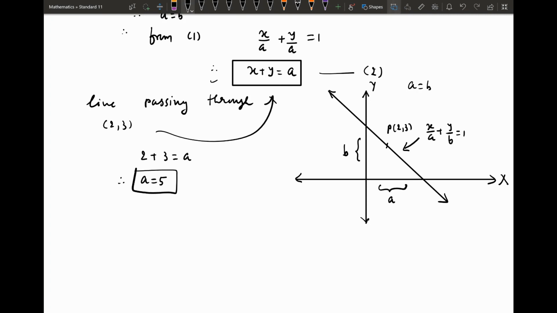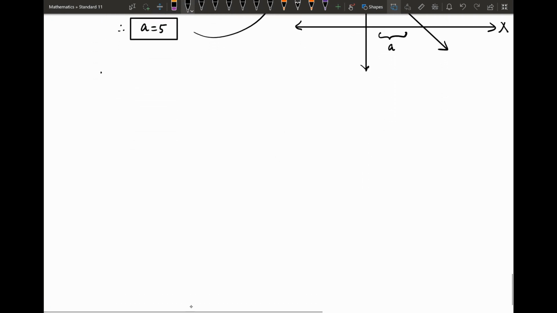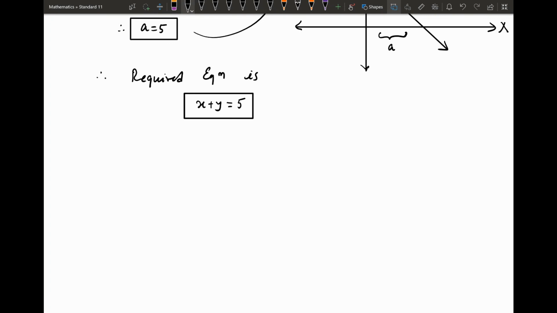So a equal to 5, and therefore substituting this value here, the required equation is x plus y equal to 5. So this is the required equation.